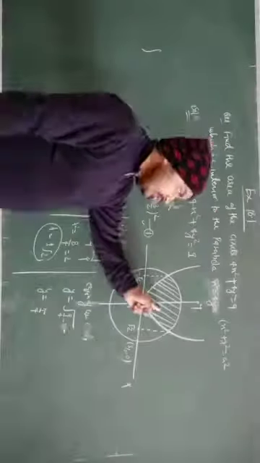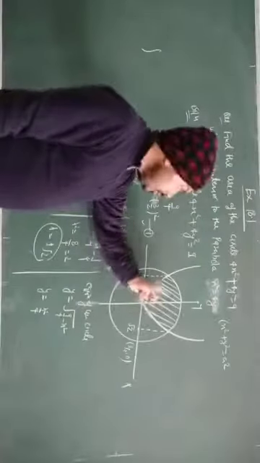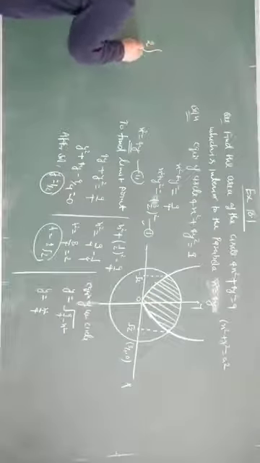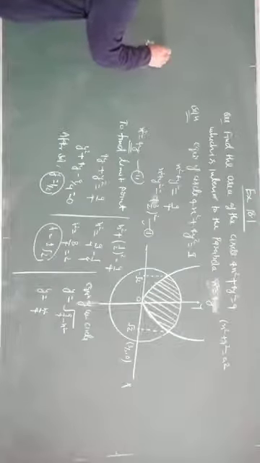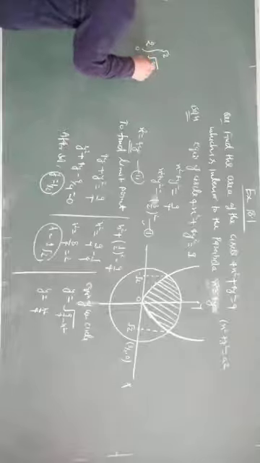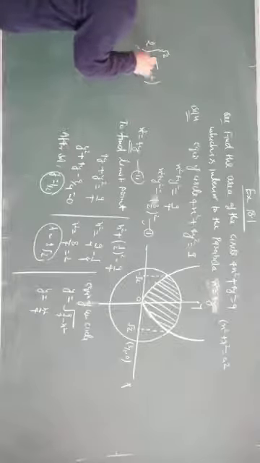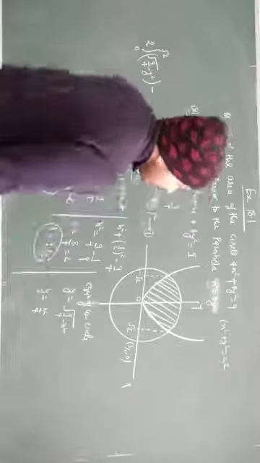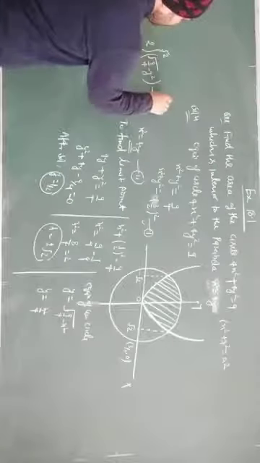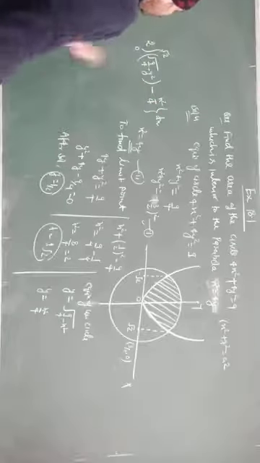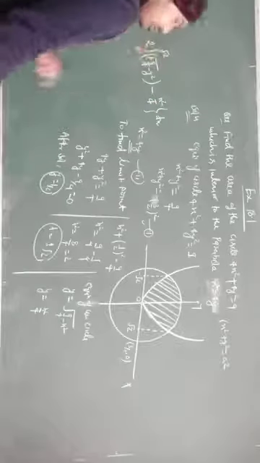If I solve one part and take 2 times it, the whole region comes out. So 2 times the integration over 0 to root 2 of the upper curve, that is the circle, under root 9 by 4 minus x square, minus the lower curve, that is the parabola x square by 4, with respect to dx.